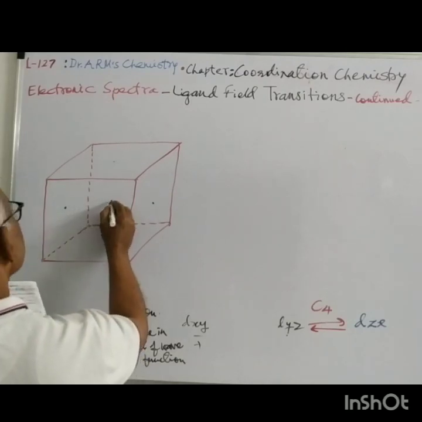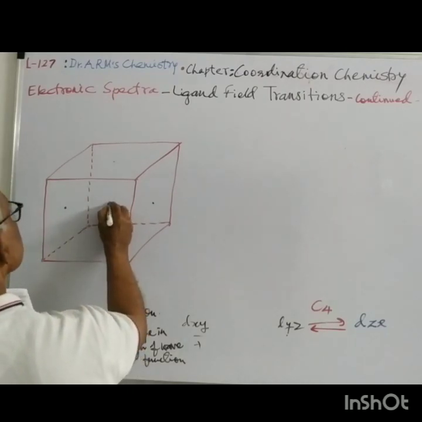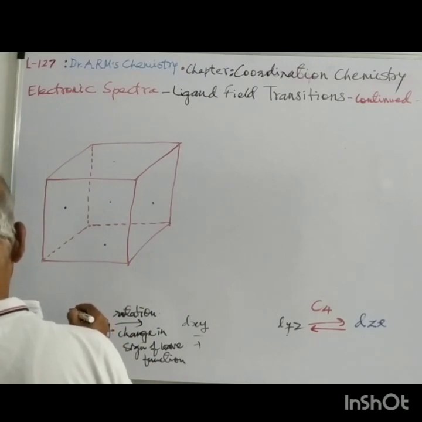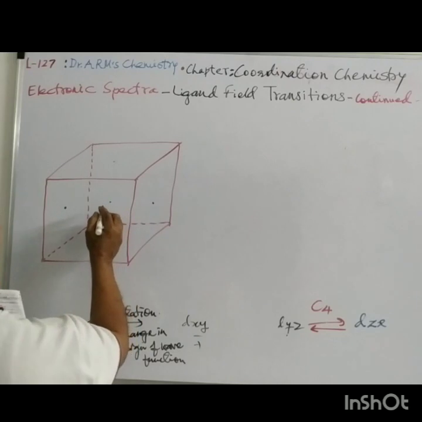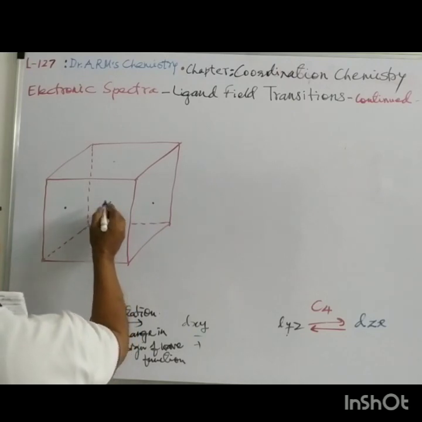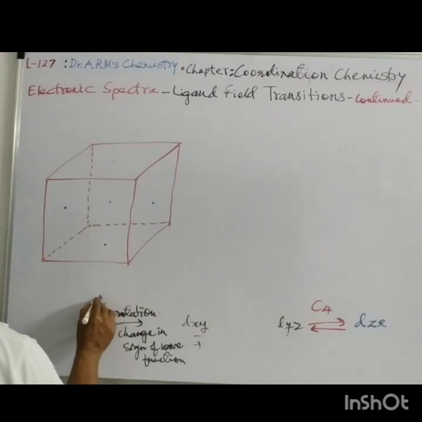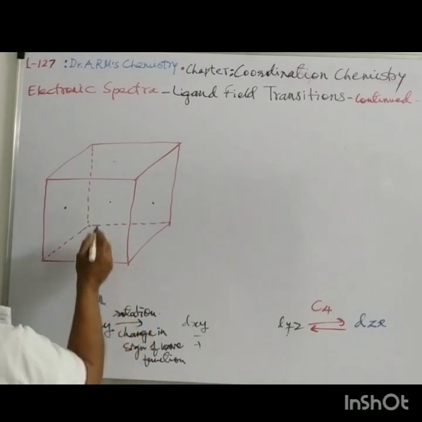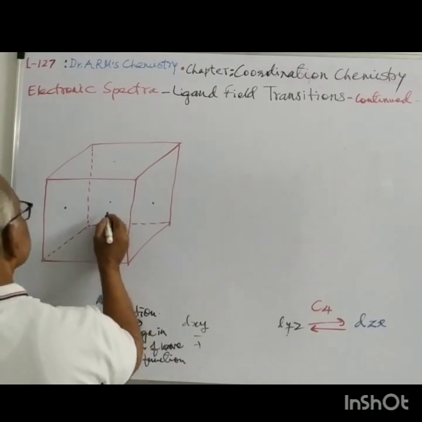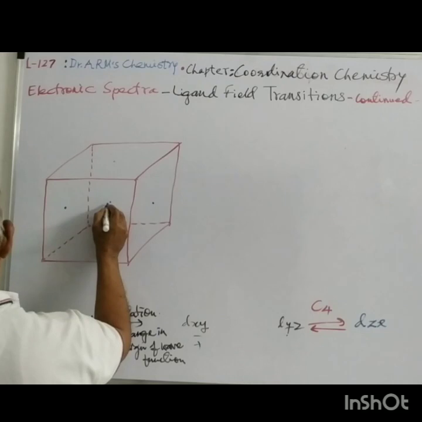Now this will be the center of the cube. Now I will show the different orbitals. So we are showing this dxy orbital. It has lobes.